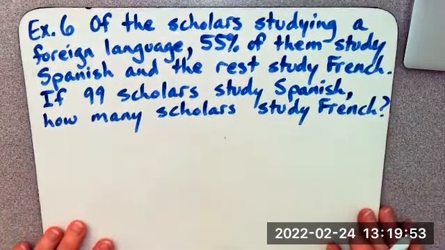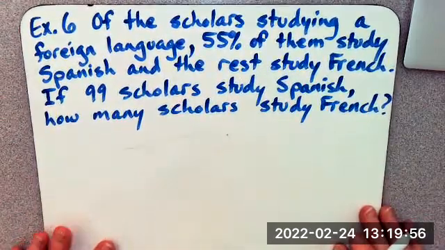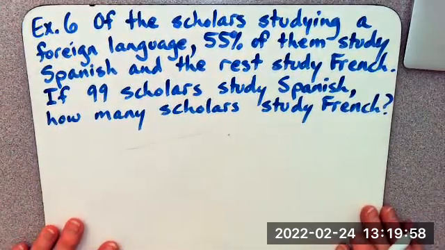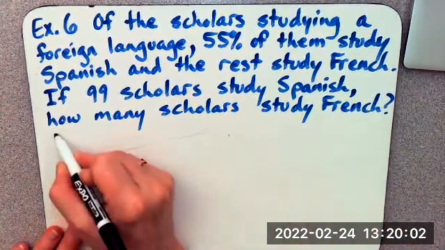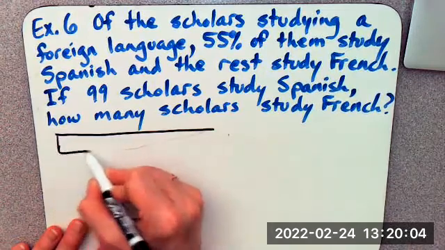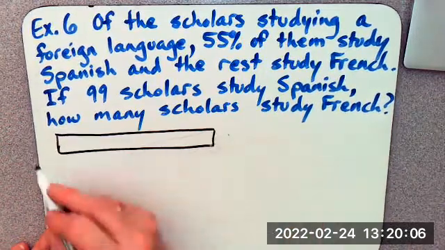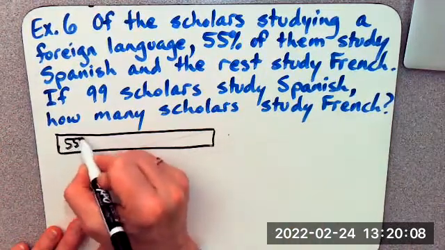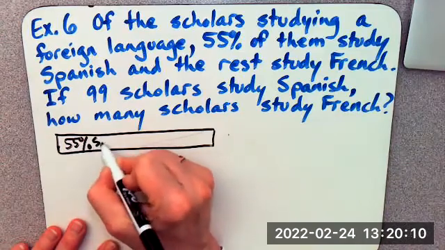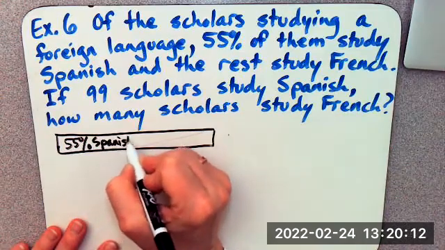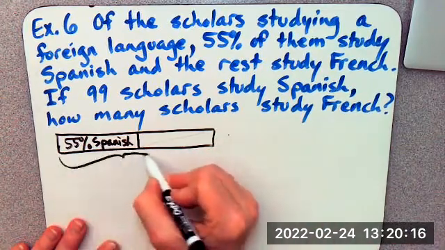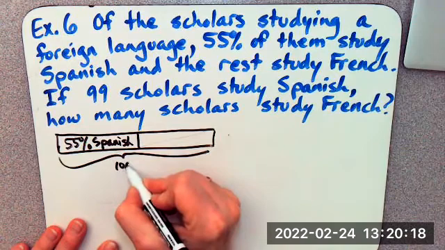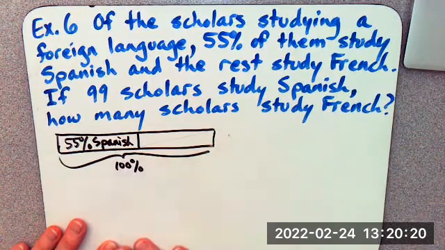Okay, so then of the scholars studying a foreign language, 55% of them study Spanish and the rest study French. So if we do those little bar charts that Singapore Math likes, we have 55% are studying Spanish, and the rest of this 100% are not.